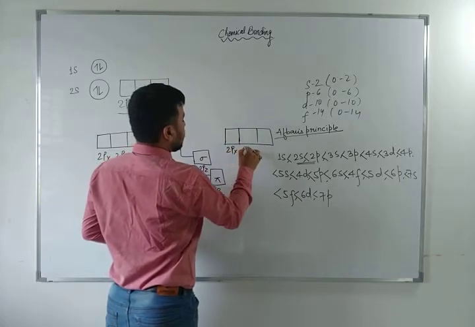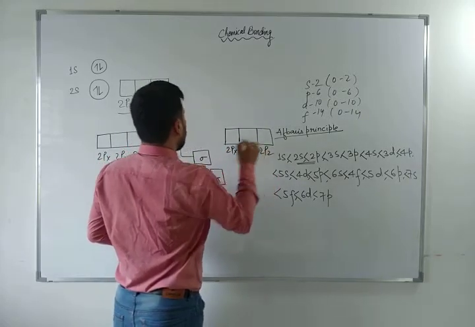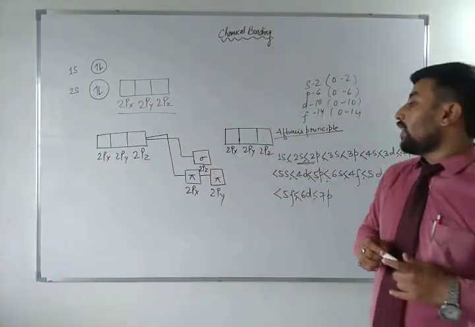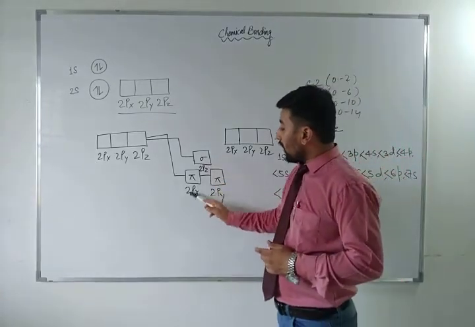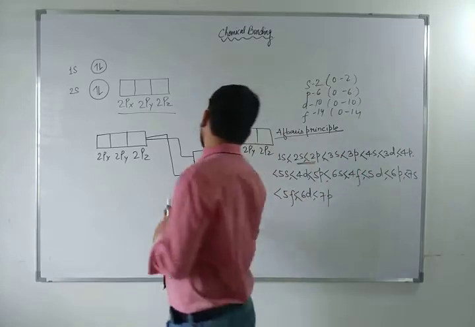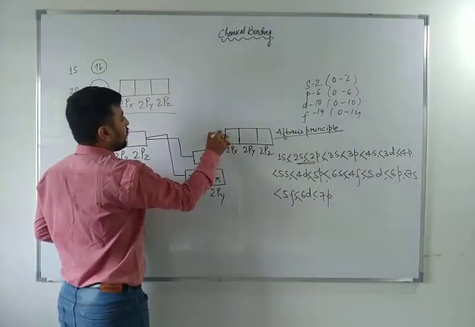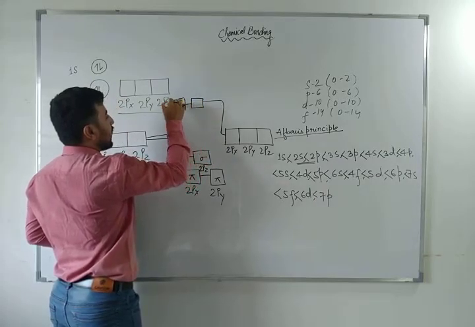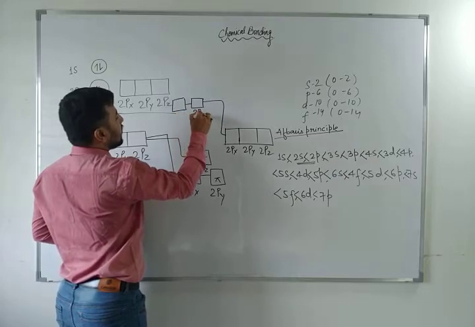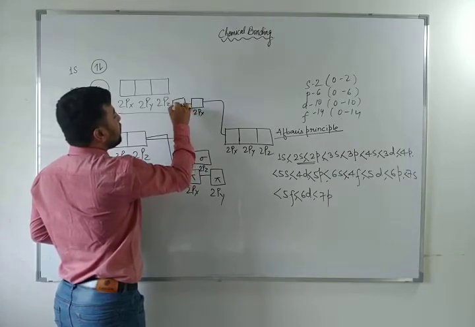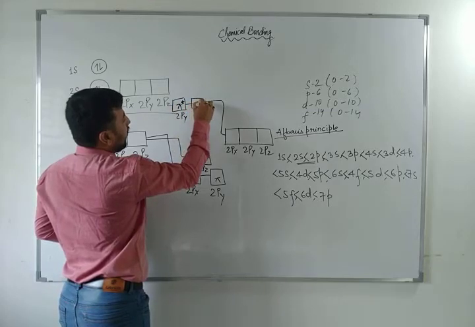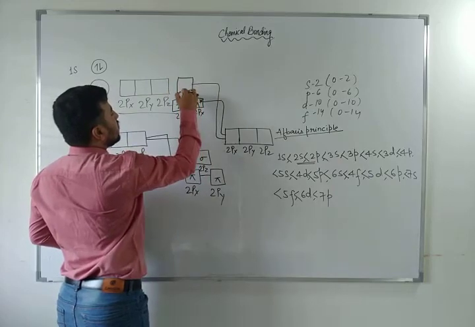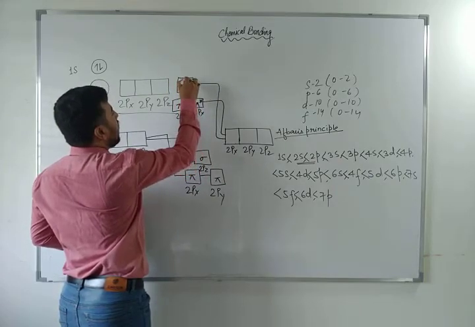Here again 2px, 2py, 2pz, and 2pz energy is greater than 2px and 2py. Similarly here, you will see 2px and 2py as anti-pi bonding, and 2pz goes up, which is sigma anti-bonding.